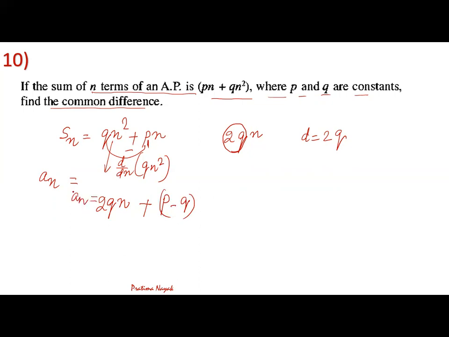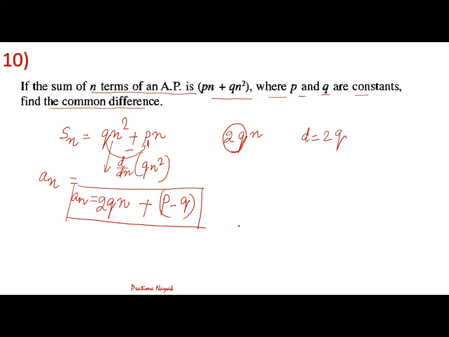An is equal to 2Qn plus P minus Q. Directly you can put it in, or you can find S1, S2, S3. S1 is A1. So if the fifth term is asked, you can find it. If the sixth term is asked, you can find it.